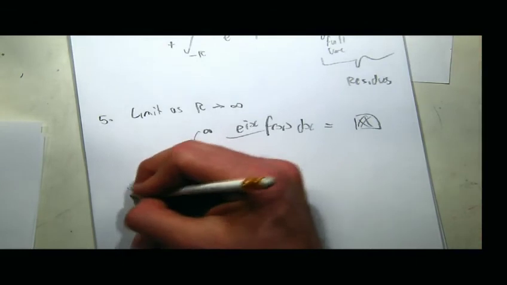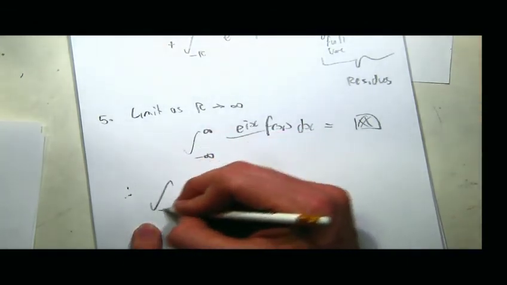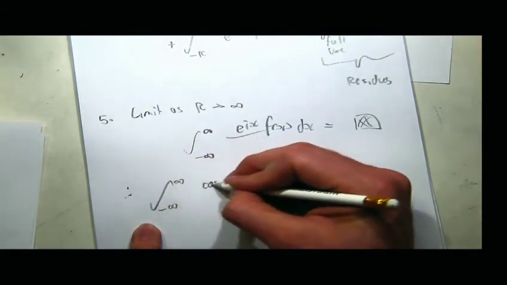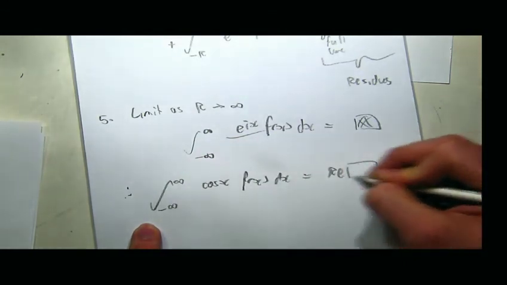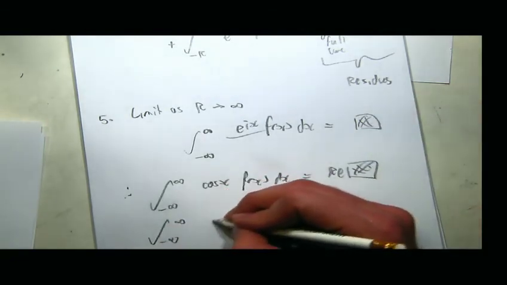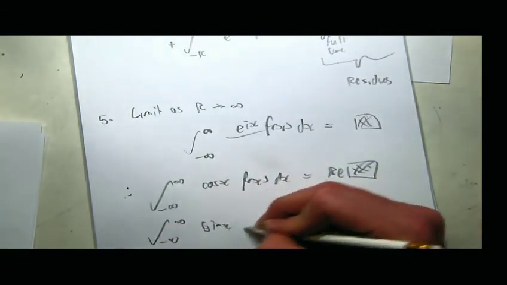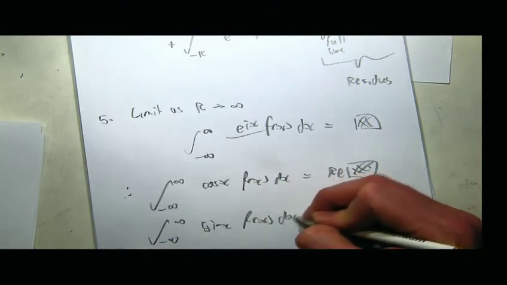So then you can say, therefore, integral from minus infinity to infinity of cos x f of x dx will be the real part of whatever we got using our residues, and the integral from minus infinity to infinity of sine x f of x dx will be the imaginary part of whatever came out from our residues. That's how you use Jordan's lemma. That'll do.